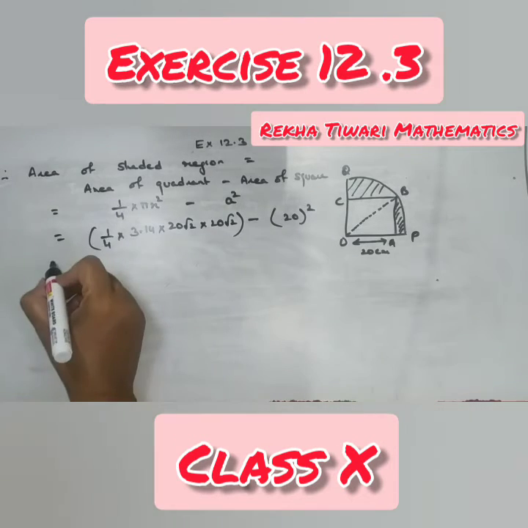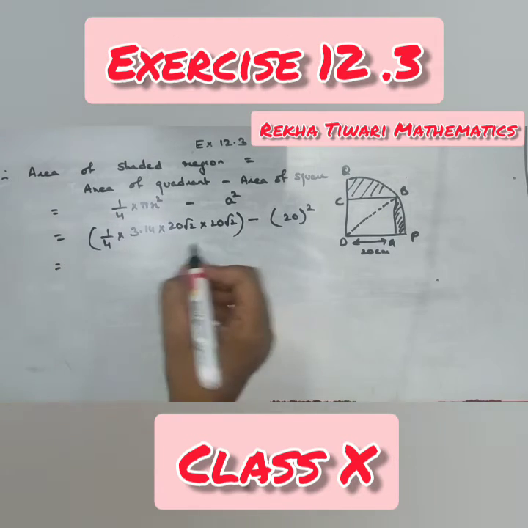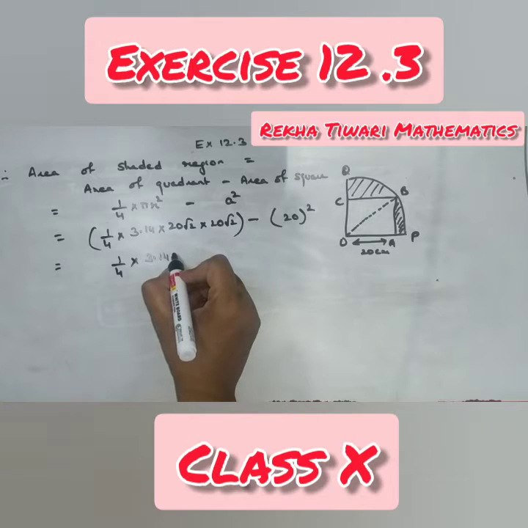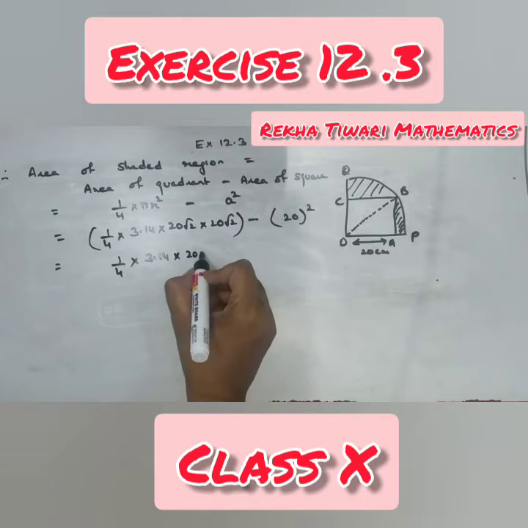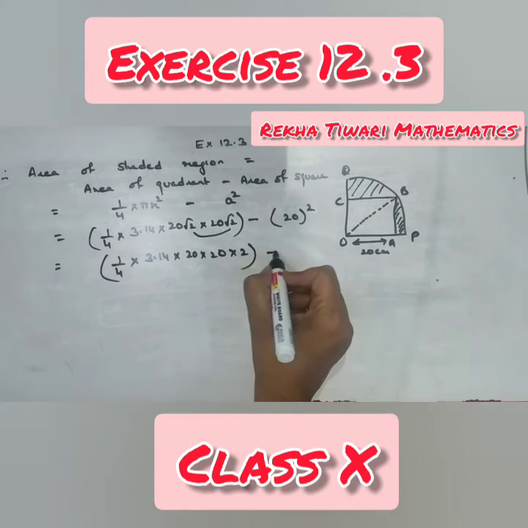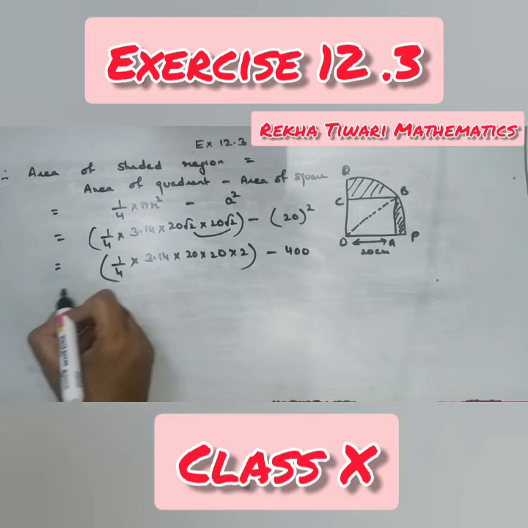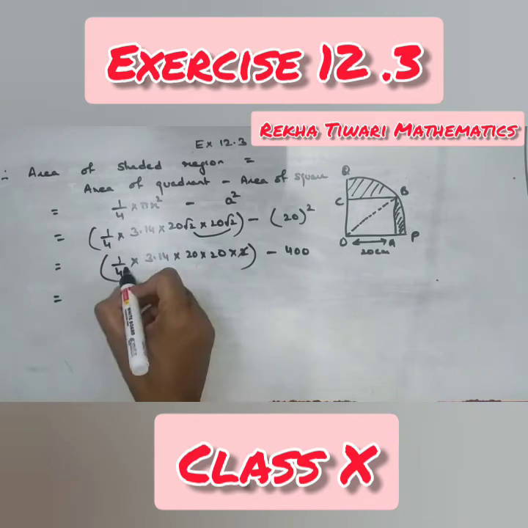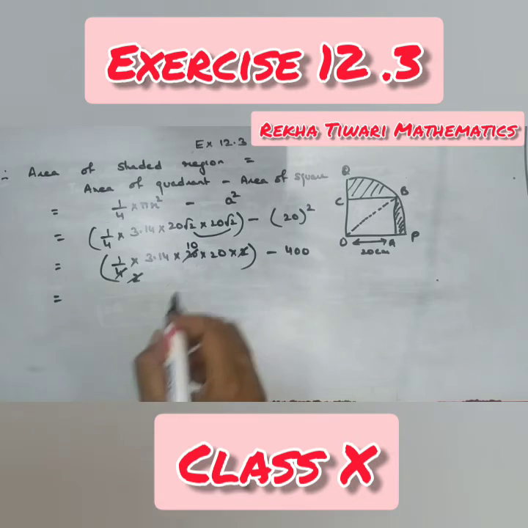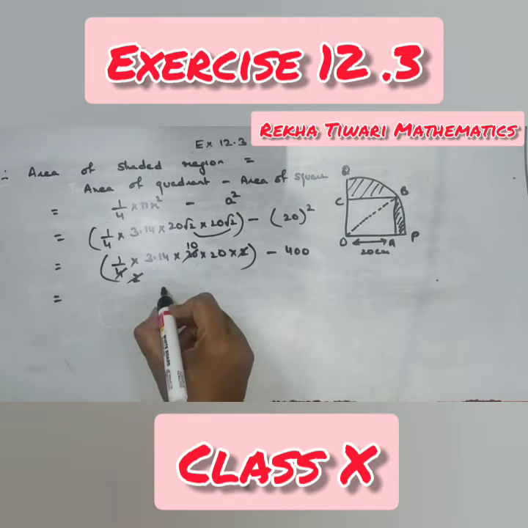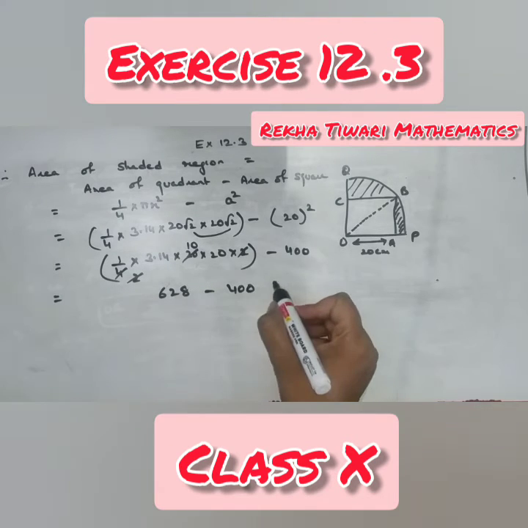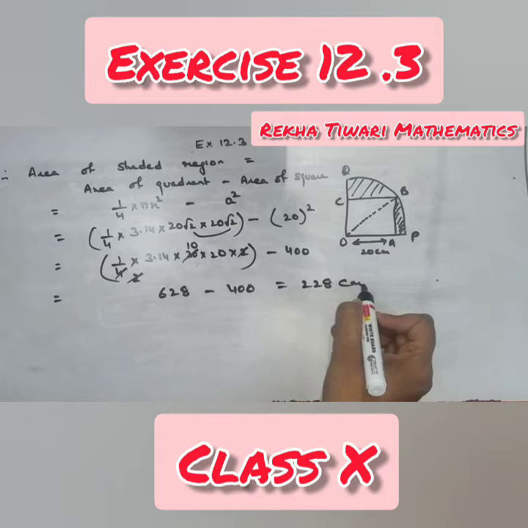So this is 1 by 4 into 3.14 into 20 into 20, root 2 into root 2 gives you 2, minus 400. Cancel this. So this comes out to be 628 minus 400, which is 228 centimeter square.